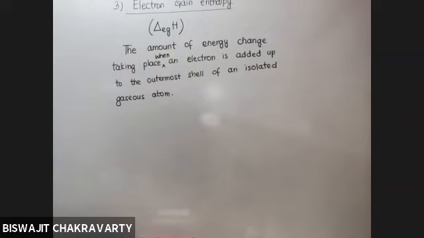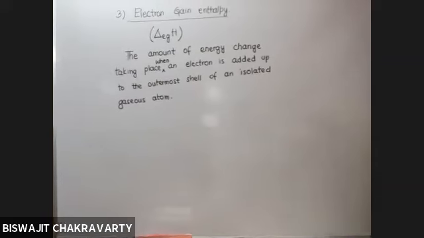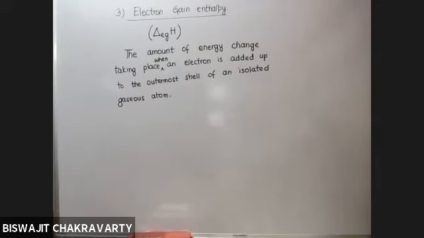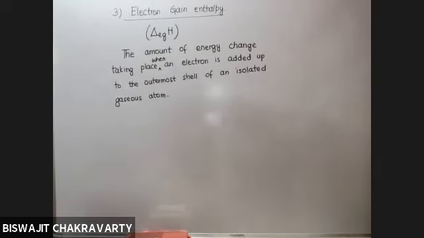An isolated gaseous atom is such a system where the atoms are generally far away from each other, and one atom will not influence the other atom. That is why, whether you are taking an electron out of it or adding an electron to it, it has to be in the isolated gaseous state. And that is why we are using the term isolated gaseous atom.